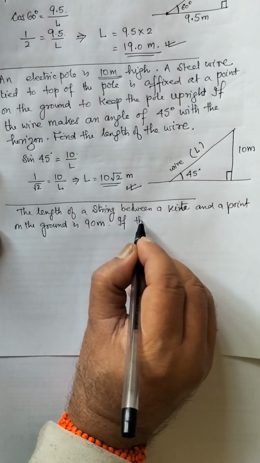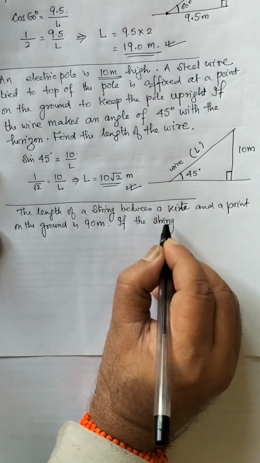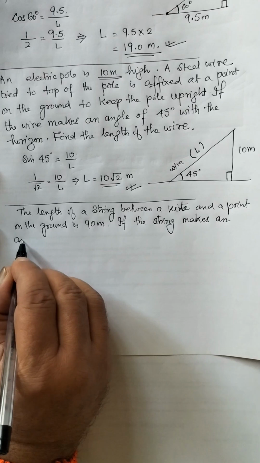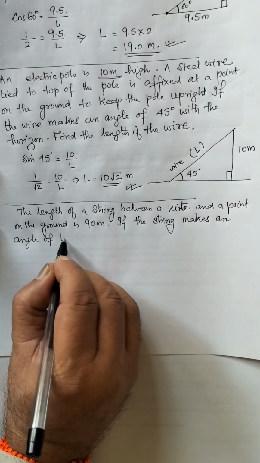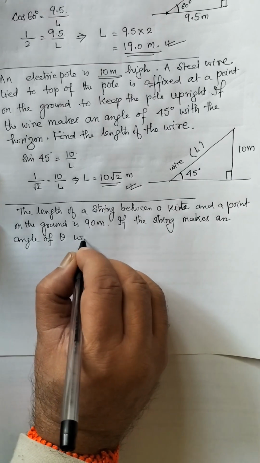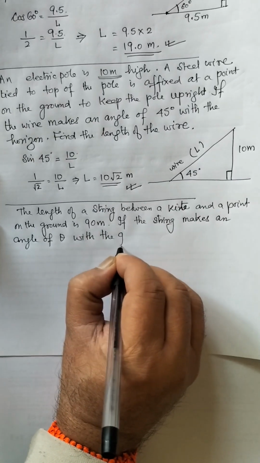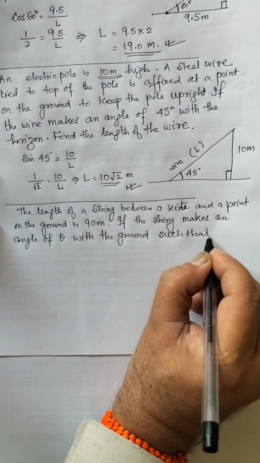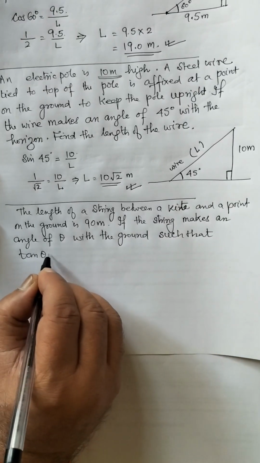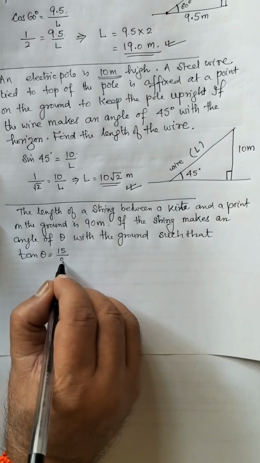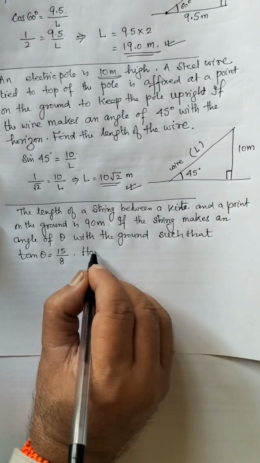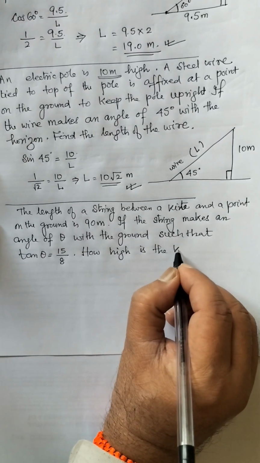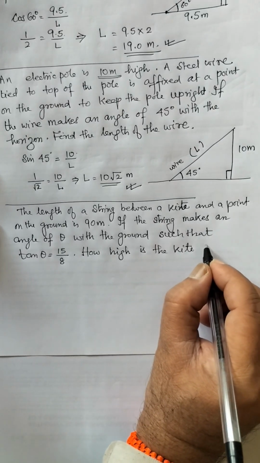If the string makes an angle of theta with the ground, such that tan theta is 15 on 8, how high is the kite from the ground?